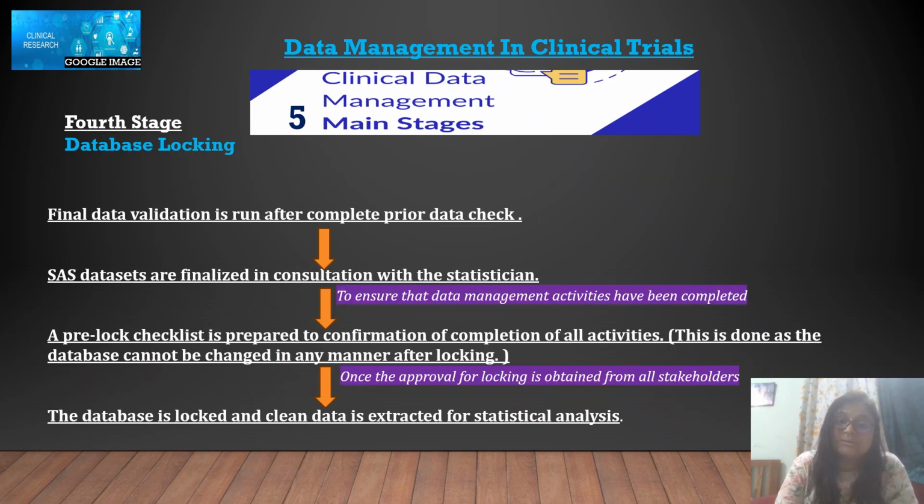Now the next step, the fourth stage, is database locking. After all the data validation, the data clarification form generation, and the answers to that data clarification have reached you, in the fourth stage we will do the database locking, like we will lock all the data for the final locking.